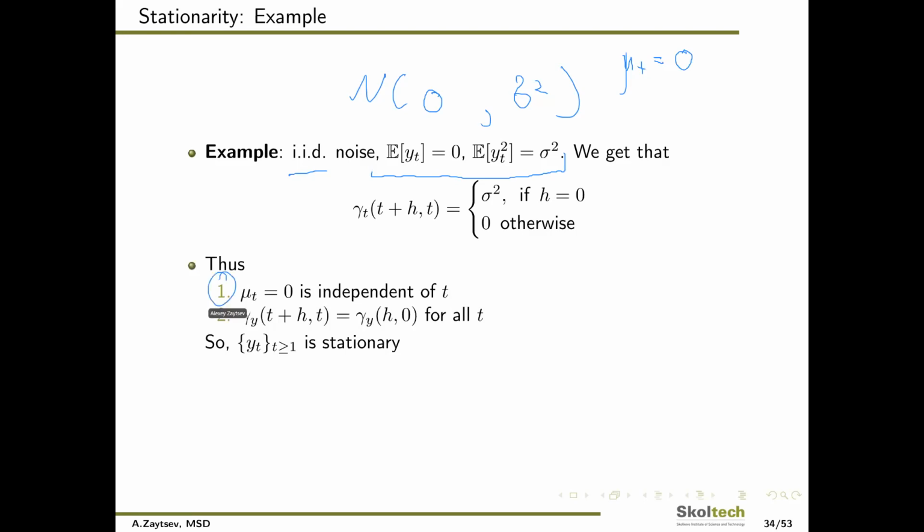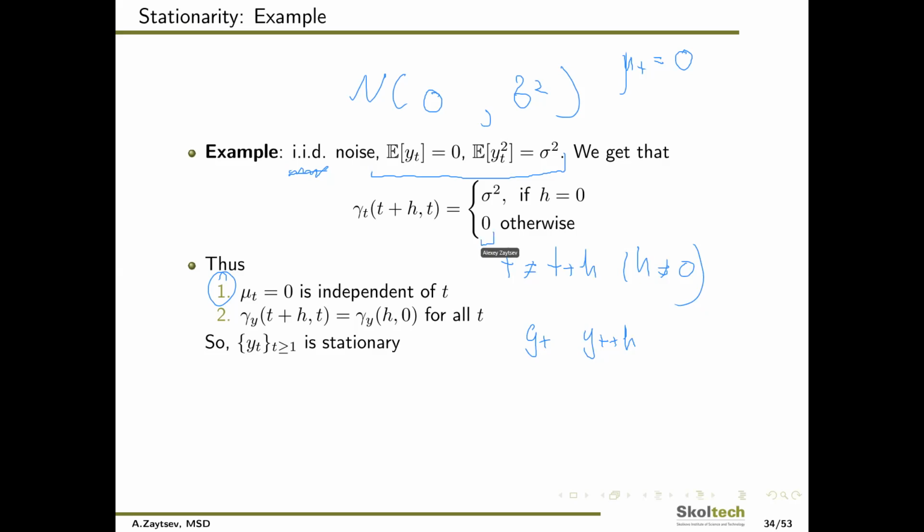Yeah, good. Also about the second assumption, about how the autocorrelation and autocovariance function look like. If t does not equal t plus h, so h is not 0, these two, yt and yt plus h, are independent from each other by our assumption, because it's IID noise. So we have 0.